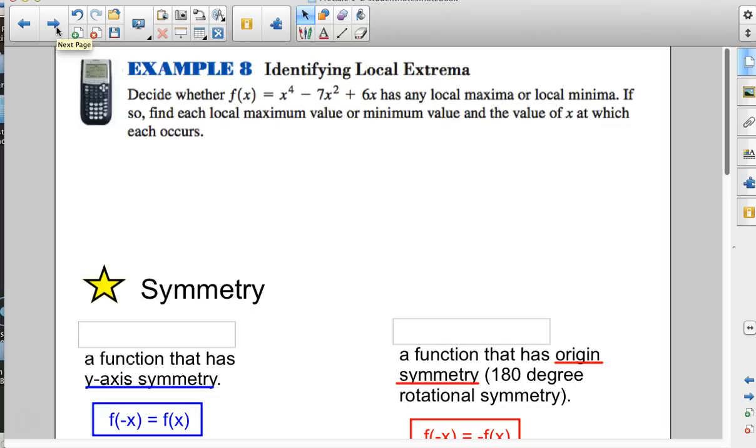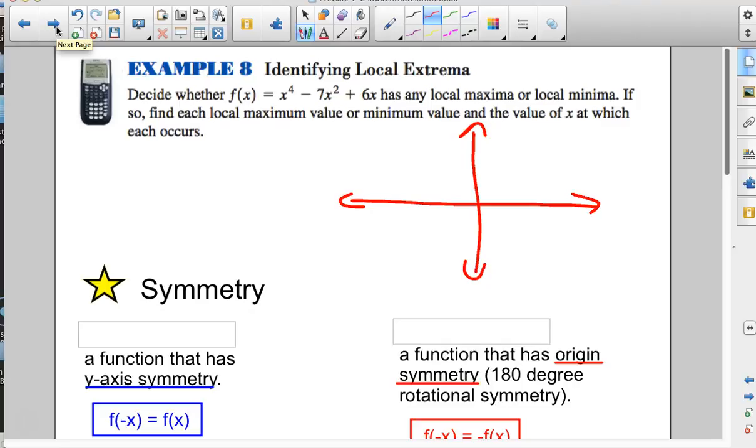And this one says decide whether f of x equals x to the fourth minus 7x squared plus 6x has any local maxima or local minimum. If so, find each local maximum value or minimum value and the value of x at which each occurs. Overall, what does this equation look like? Talk to me about end behavior.